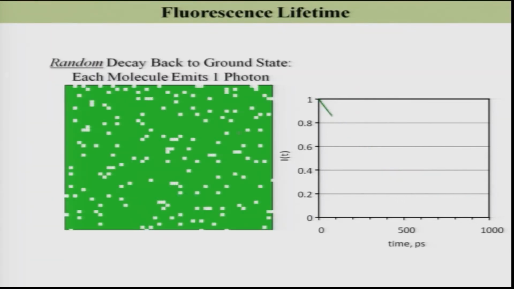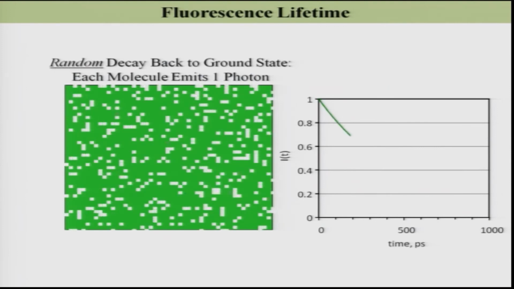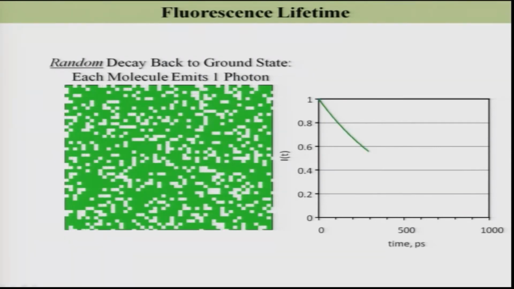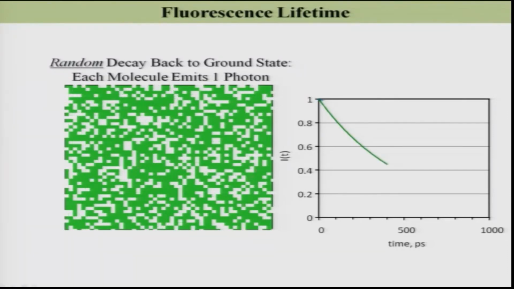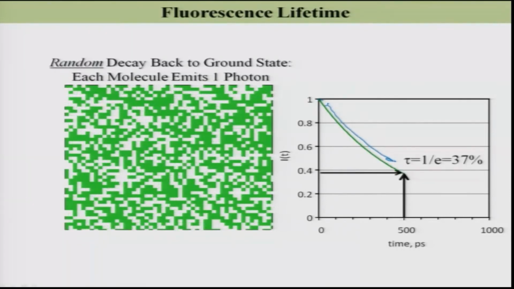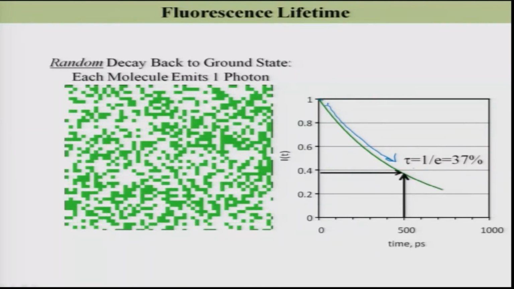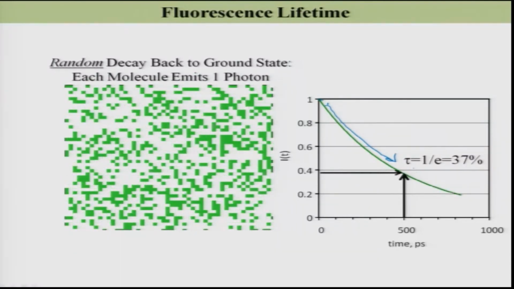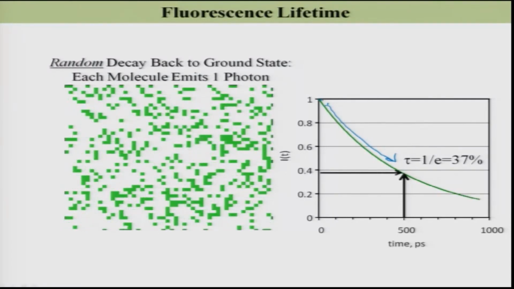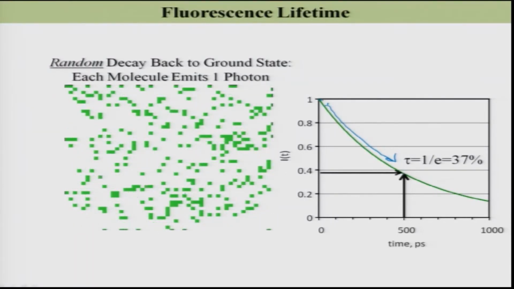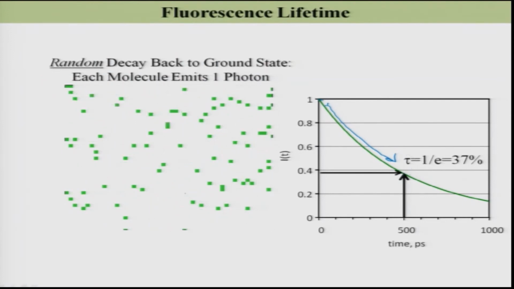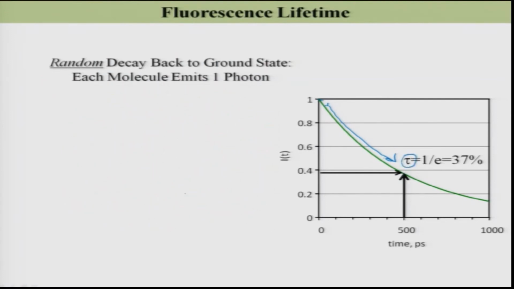When all the molecules were in the excited state, the emission intensity was maximum. As time goes on, the emission intensity decreases as the molecules come back from the excited state to the ground state. And as I already discussed, when this value is 37%, that time is the fluorescence lifetime of the sample.